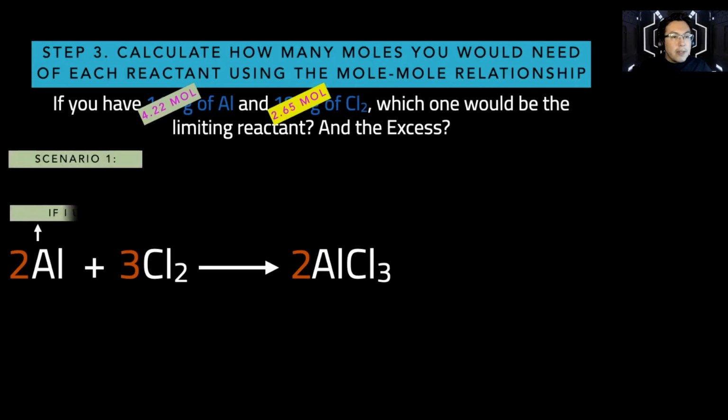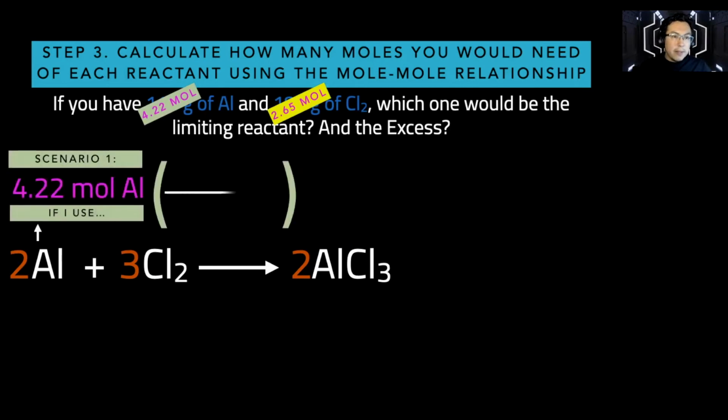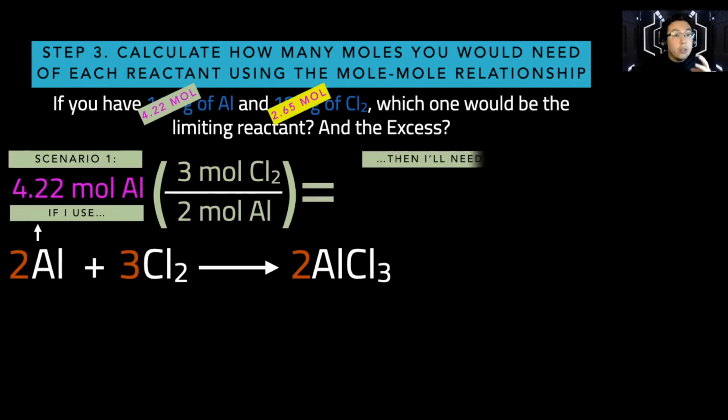So let's start. In scenario 1, what happens if I have 4.22 moles of aluminum and I want to use them all? As a result, I will have 6.33 moles of chlorine. So if I use my entire stash of aluminum, I would require 6.33 moles of chlorine.